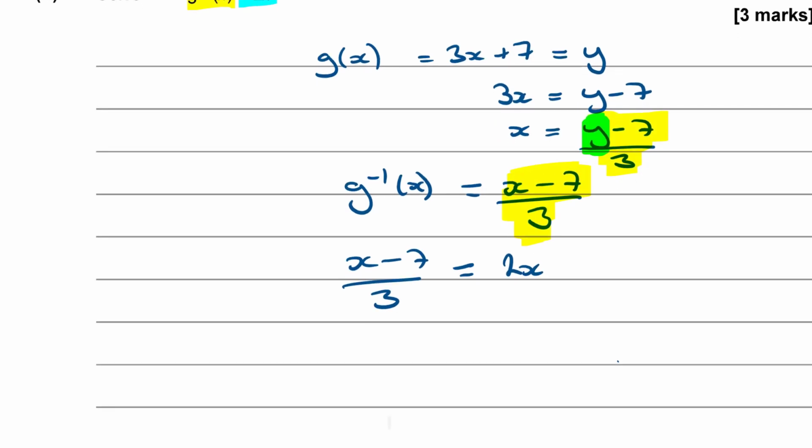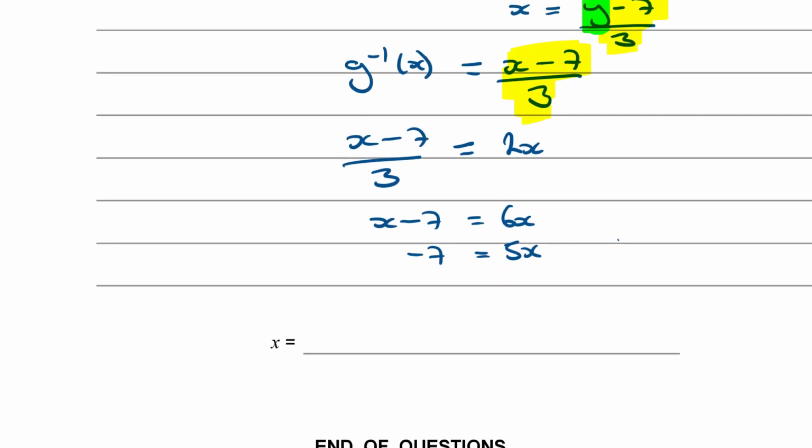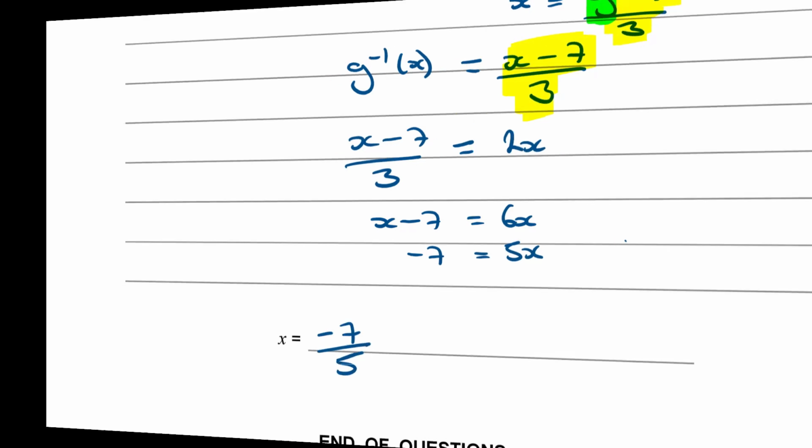Now we just need to solve for x. Multiplying both sides by 3, I get x minus 7 is equal to 6x. Subtracting x from both sides, I get minus 7 is equal to 5x. So then x is going to be minus 7 divided by 5.